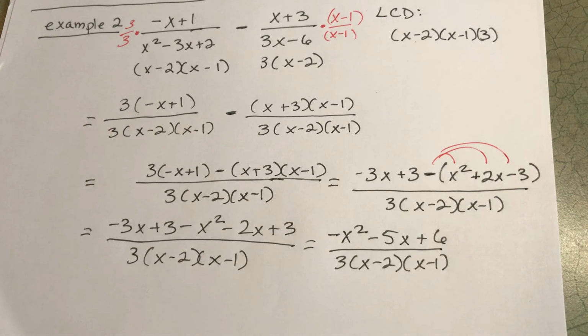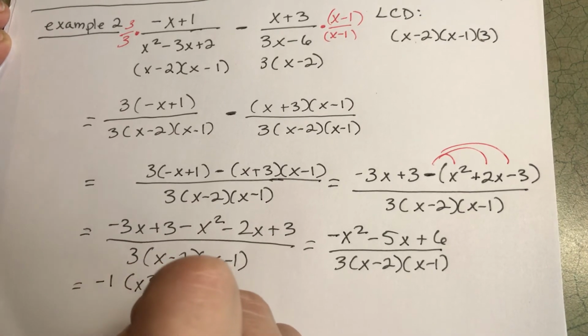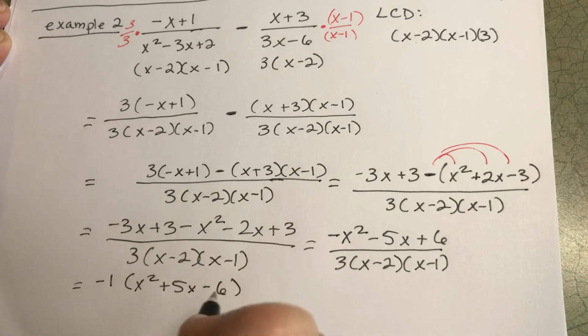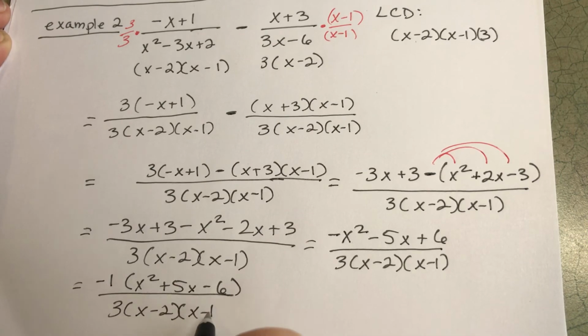I'm going to start by factoring out a negative 1. So I get negative 1 times x squared plus 5x minus 6 divided by 3 times x minus 2, x minus 1.